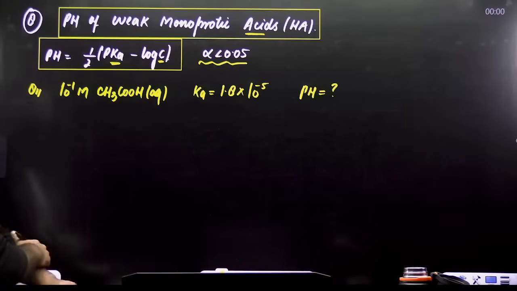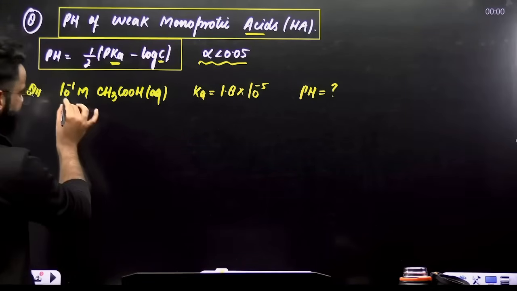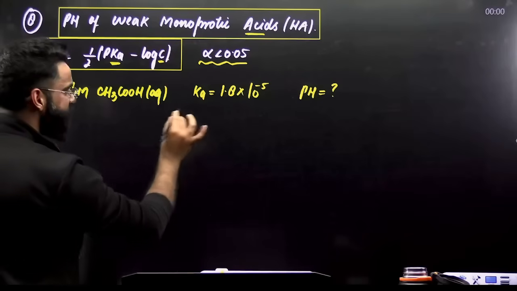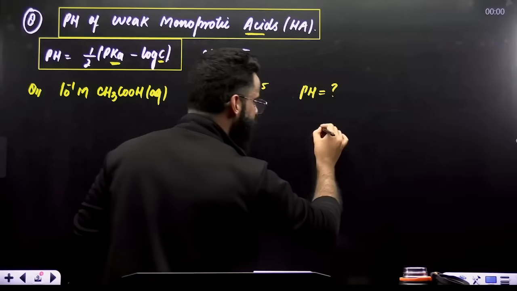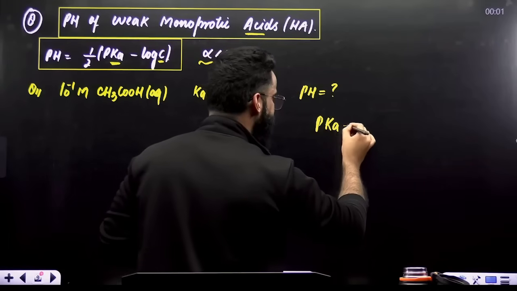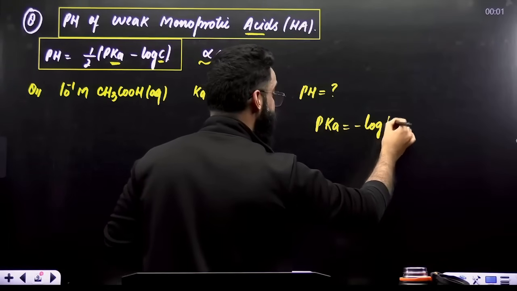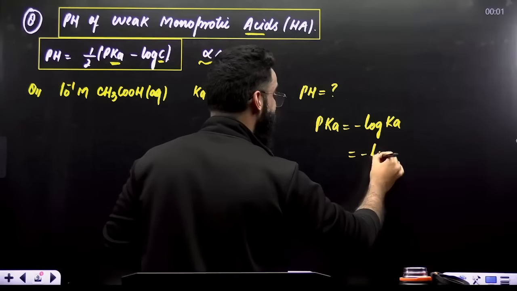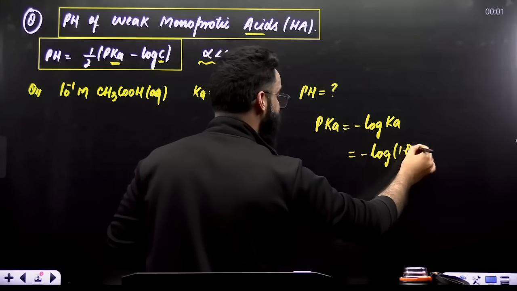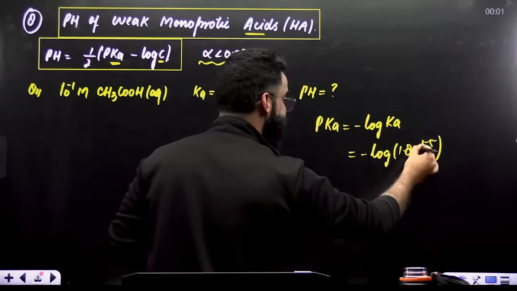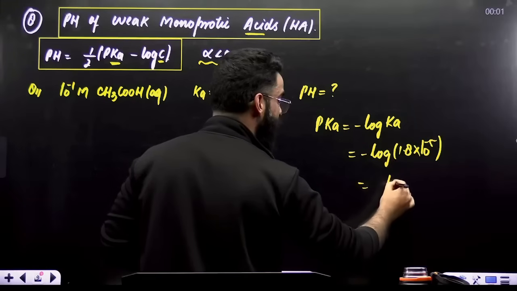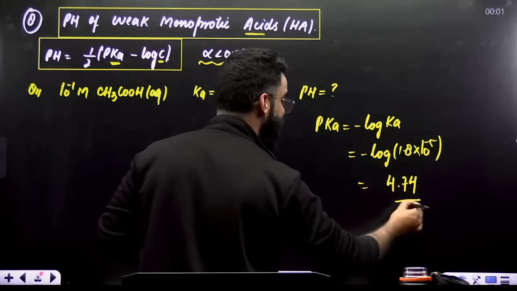Now, for example, understand. First of all, this is a weak acid. I need to calculate its pH. Ka value is given. First of all, remember, whenever I write pKa, p stands for minus log. So it means minus log of Ka. So it means minus log of 1.8 into 10 raised power minus 5. From now onwards, remember this result. Minus log of 1.8 into 10 raised power minus 5 is nothing but 4.74.